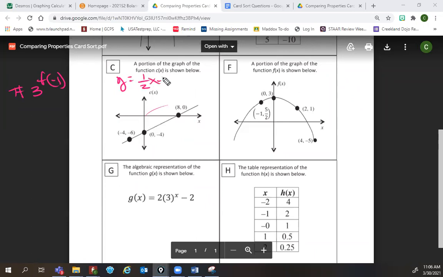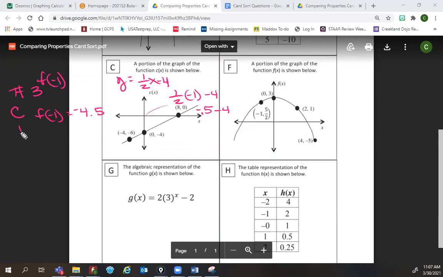Oh, this was -4, my bad. Okay, so where am I putting -1? So 1/2 times -1 minus 4. -1 times 1/2 is -1/2, right? Minus 4. So for C, f of -1 would be -4.5.